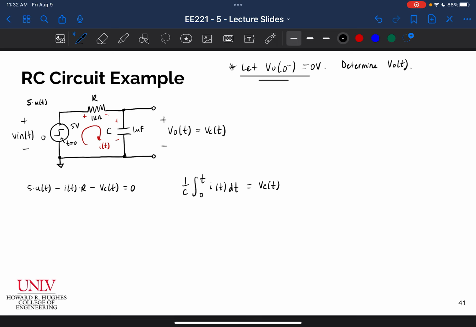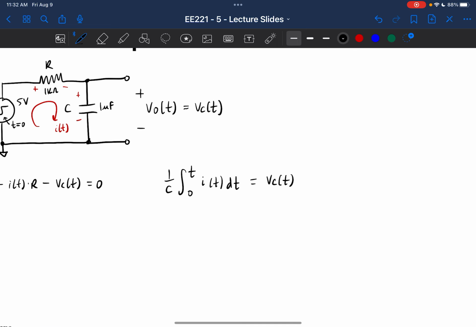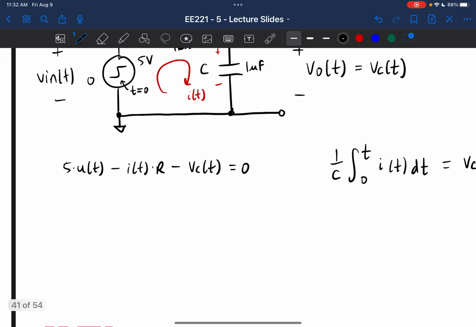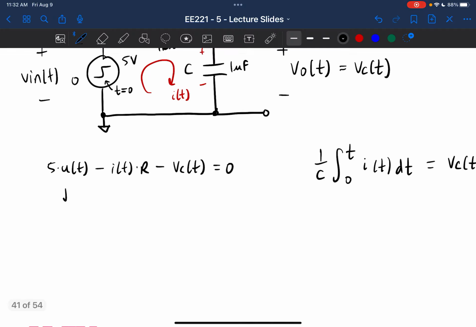And so if we put this into the S domain, let's just convert this over to the S domain really quickly. That's pretty trivial at this point. So this is going to be 5 times 1 over S, minus I of S times R, minus Vc of S is equal to 0.